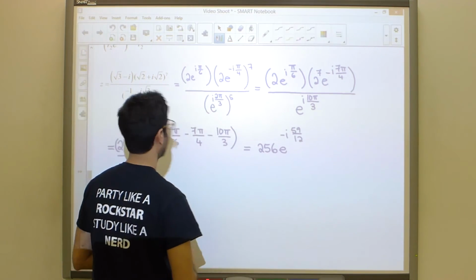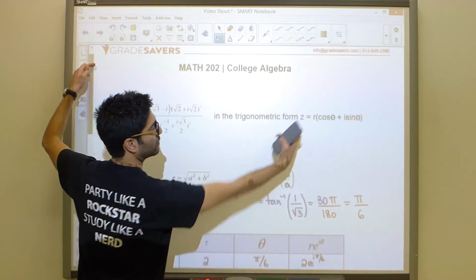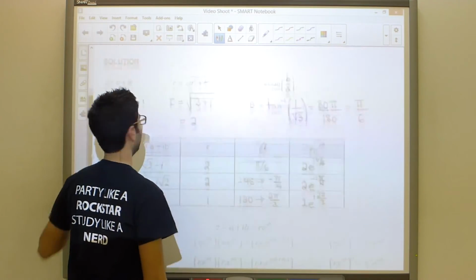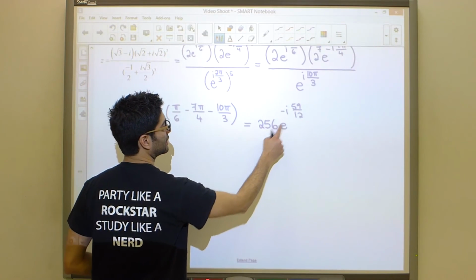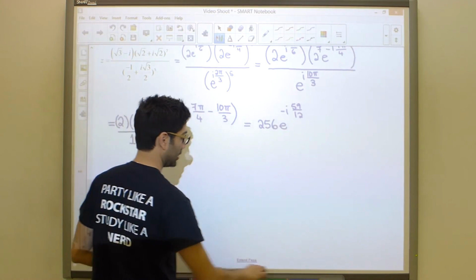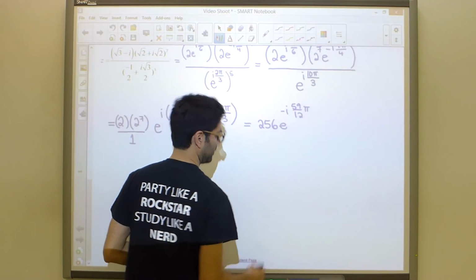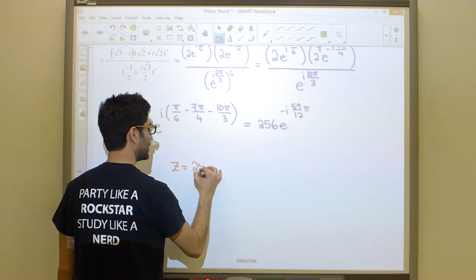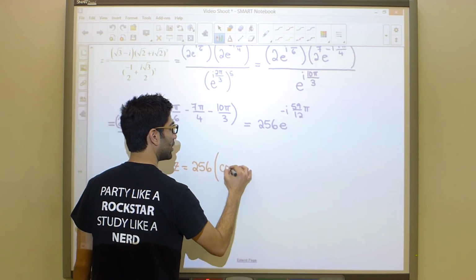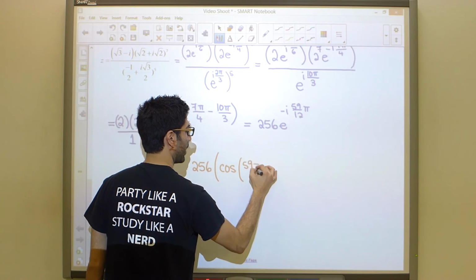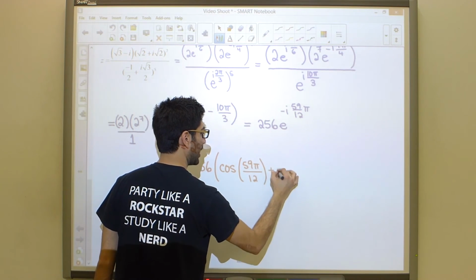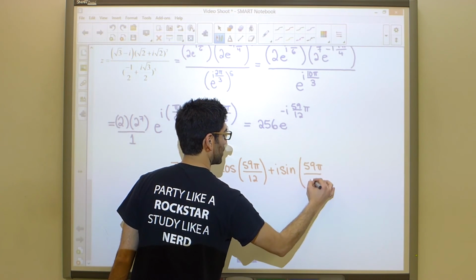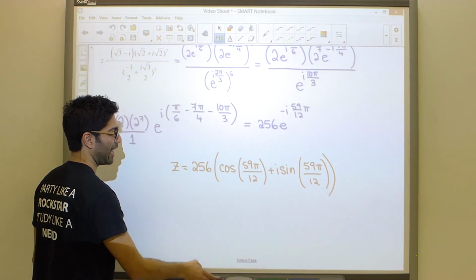And that's it, guys. Now what they want us to do is write our answer in that format. That format simply requires r and theta, and we have both. Our r is 256, theta is negative 59 over 12 pi. Final answer here: z equals 256 cos of 59 pi over 12 plus i sine 59 pi over 12. And there you have it.